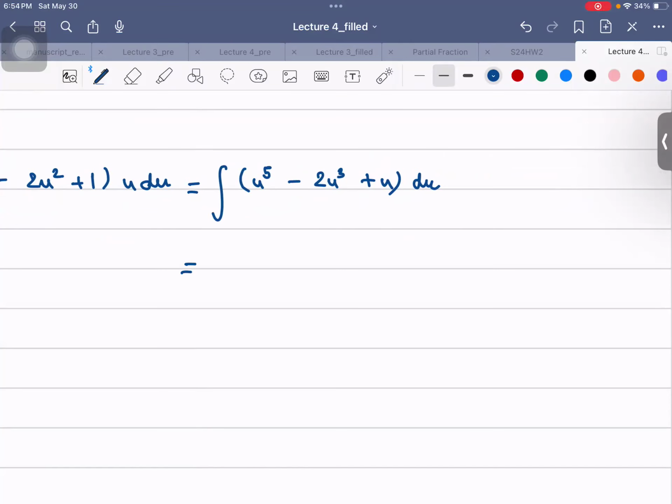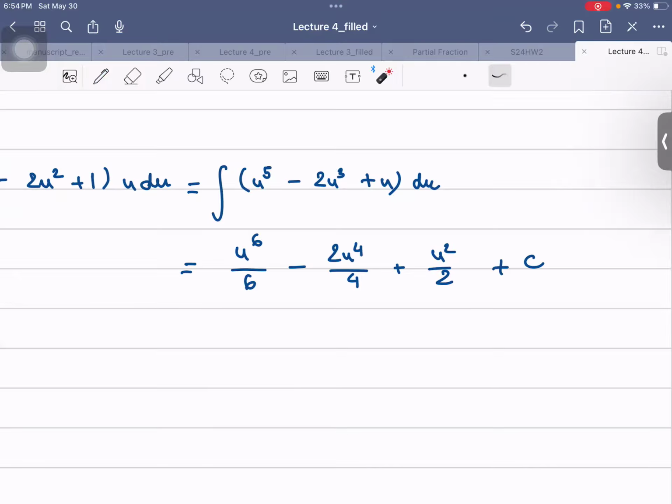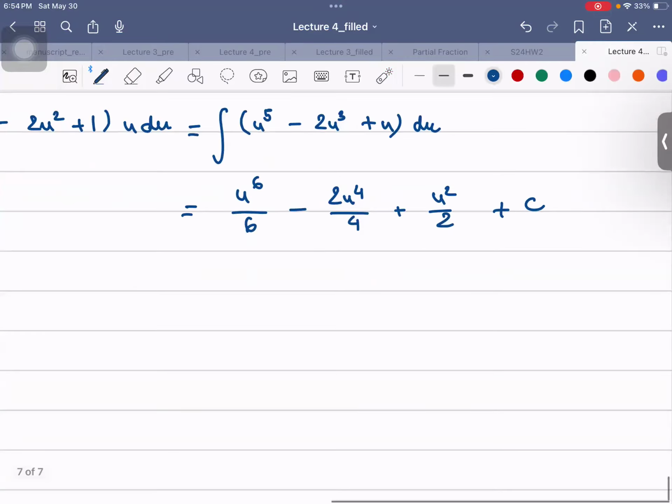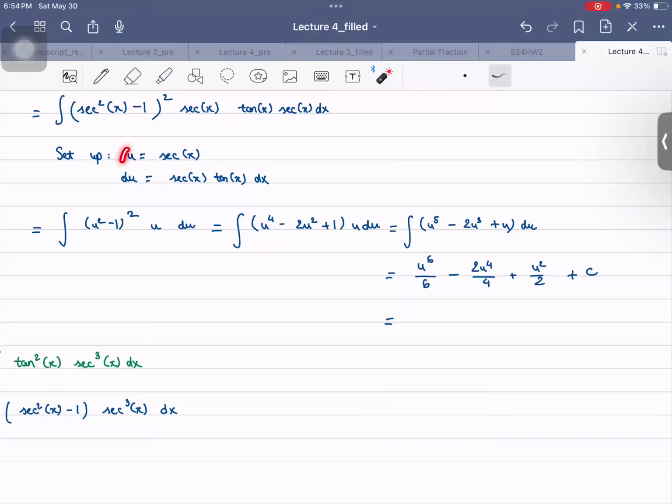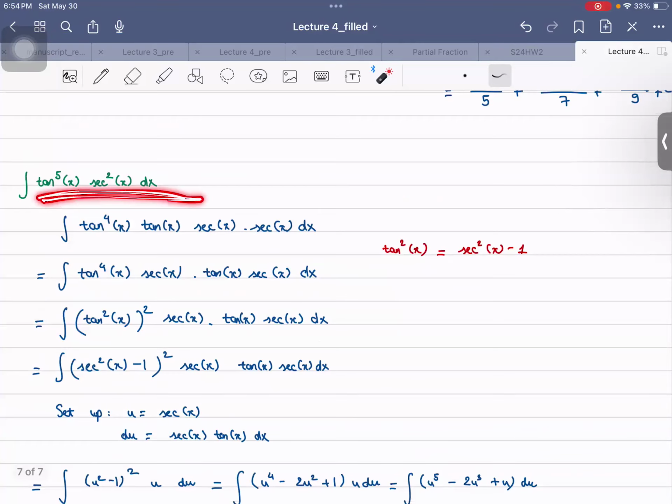Then we use the power rule to finish this. We have u to the power of 6 divided by 6, minus 2u to the power of 4 divided by 4, plus u squared divided by 2, plus constant c. Actually, 2 divided by 4 will give you 1/2. We also need to return the expression in terms of u into terms of x, because initially our integral is in terms of x.